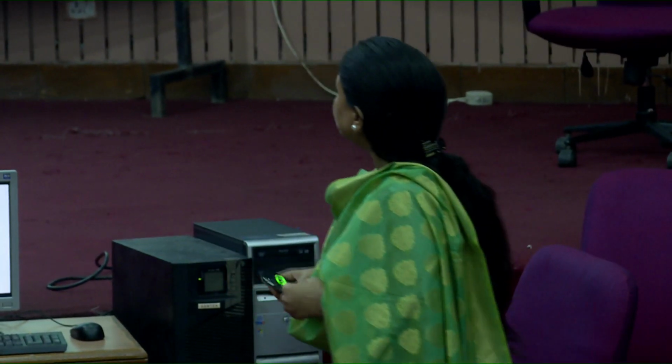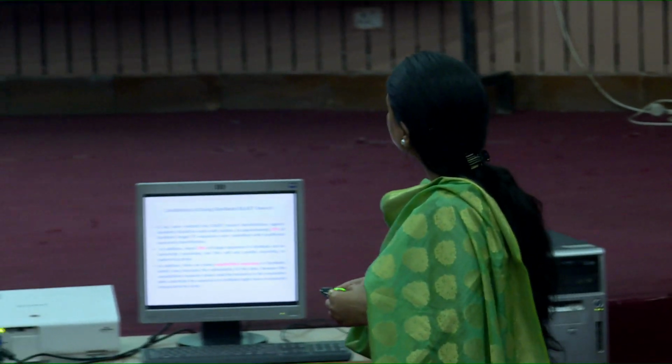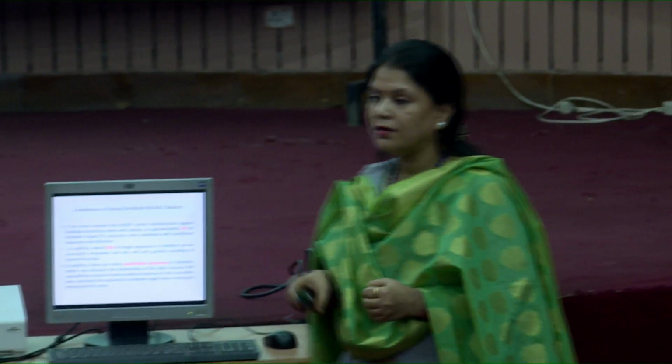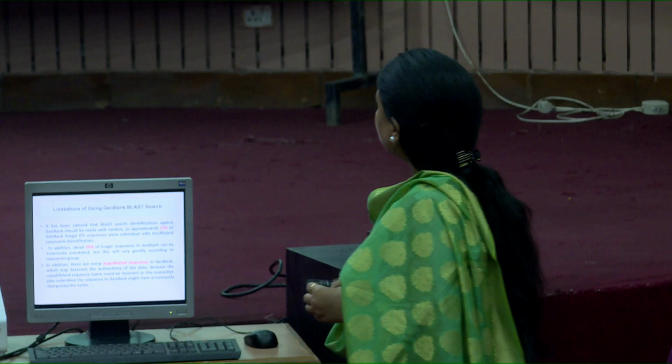So, there may be insufficient identification also, and in addition about 20% of fungal sequences in GenBank can be incorrectly annotated also. And sometimes there are many unpublished sequences. Sometimes what happens, suppose I do not know much about NCBI and sequence submission, I have sequenced this ITS that I was telling you about. Then I tried to submit it to GenBank. I prepared a login ID and followed the instructions given there.